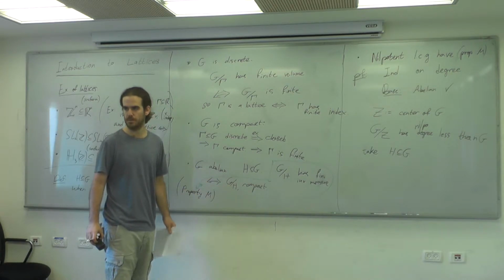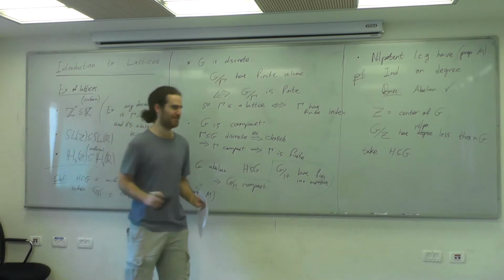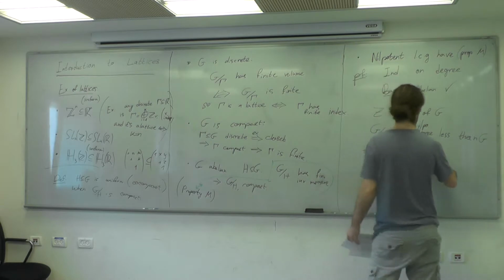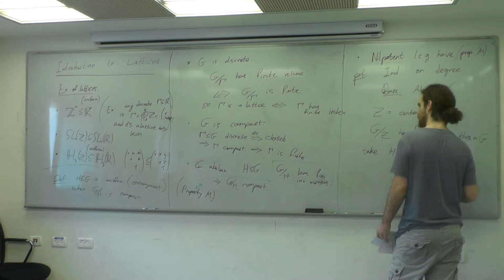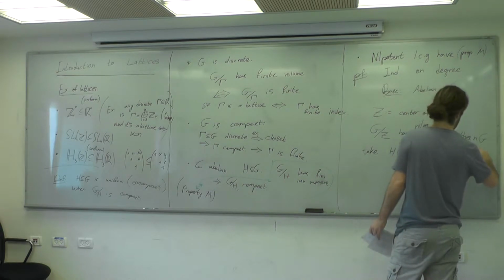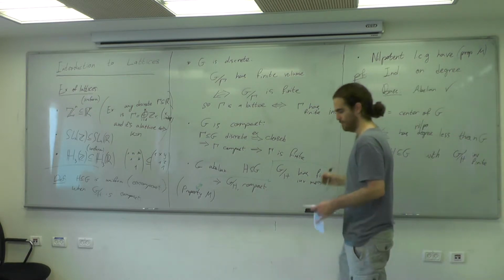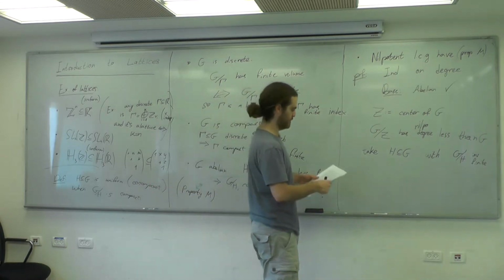Property M is not the if and only if. Yeah, that's okay, then I'm good. Good to go. And assume G mod H has finite invariant measure. Sometimes it's called cofinite, finite covolume, a lot of words.